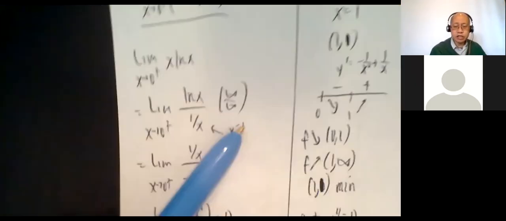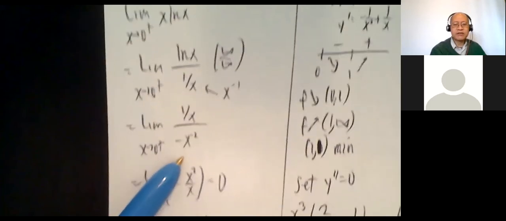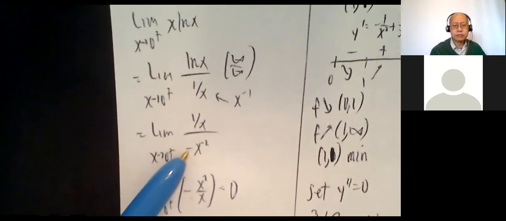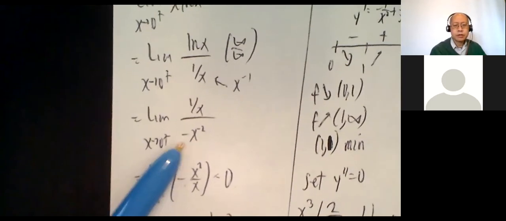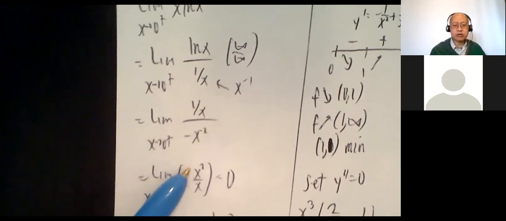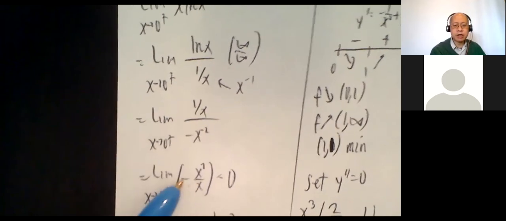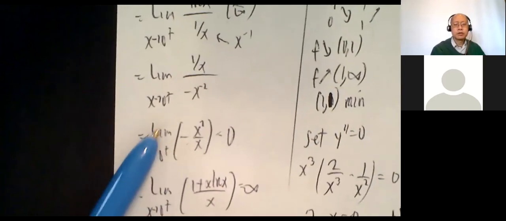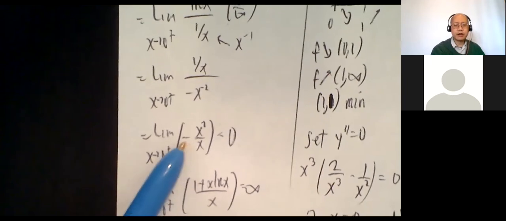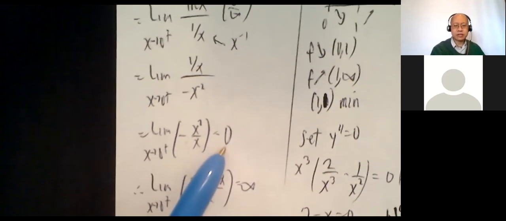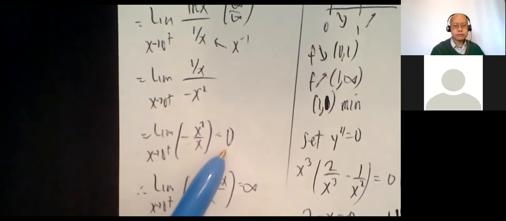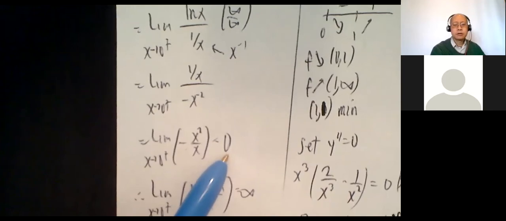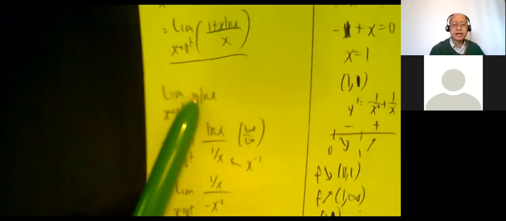Derivative of the bottom, which again I'm going to treat as x to the negative 1, is negative x to the negative 2. Okay, x to the negative 2 on the bottom means x squared on top. Slide the x on the bottom, there's a negative. So I have the limit as x approaches 0 from the right of negative x, and that is 0. So bottom line, this thing approaches 0, x ln x.